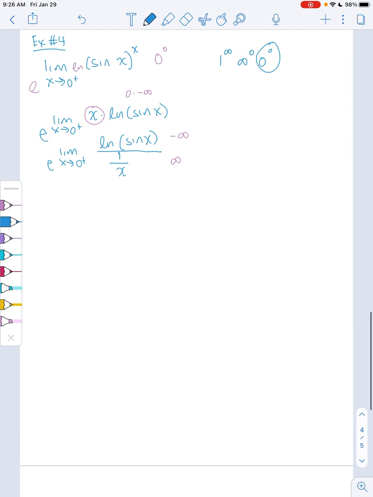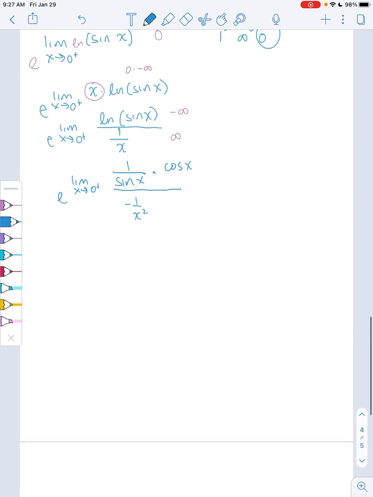So we're now going to apply derivatives. When we do so, we get 1 over sine of x. Mommy function is ln, baby function is sine, so times cosine of x, all over negative 1 over x squared. At this point, we can simplify things a little bit. You have cosine over sine of x, and then over a negative 1 over x squared.